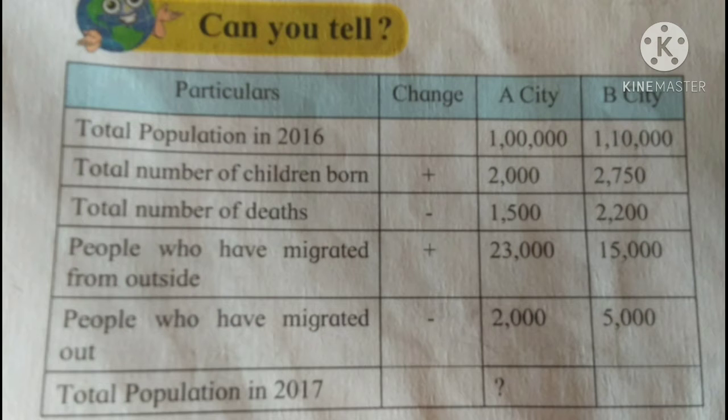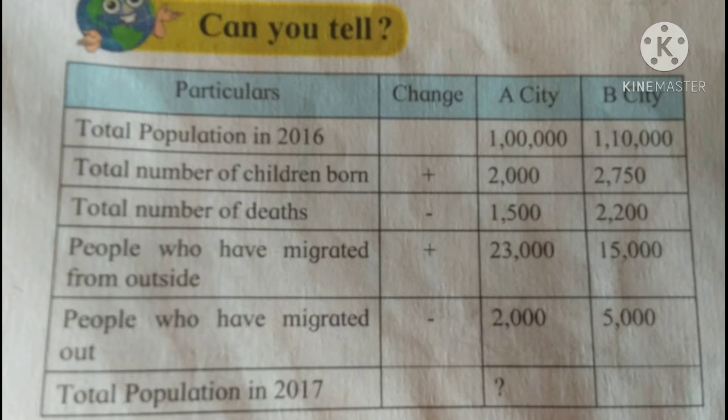Now total number of children born in A city it is 2000 and in B city it is 2750. Total number of deaths in A city it is 1500 and in B city it is 2200. Now people who have migrated from outside, in A city it is 23,000 and in B city it is 15,000.